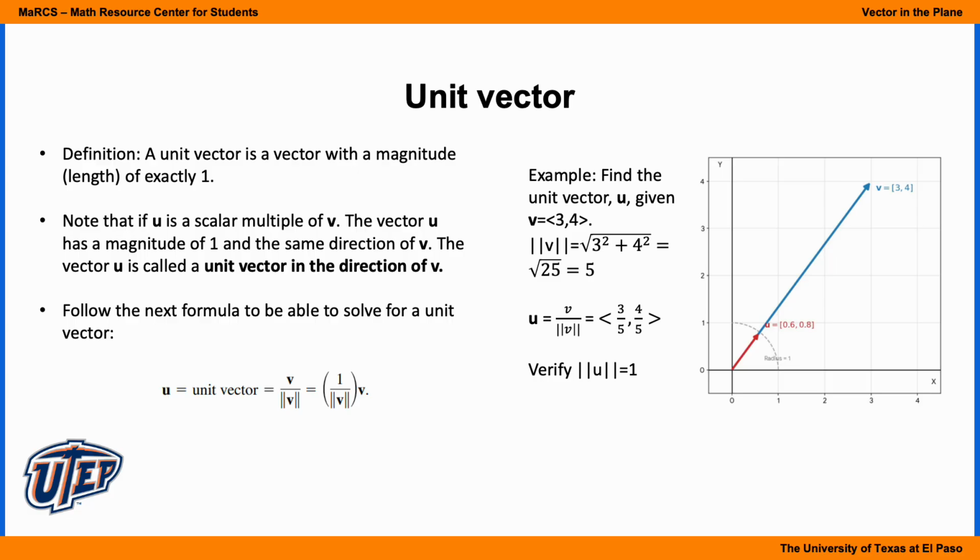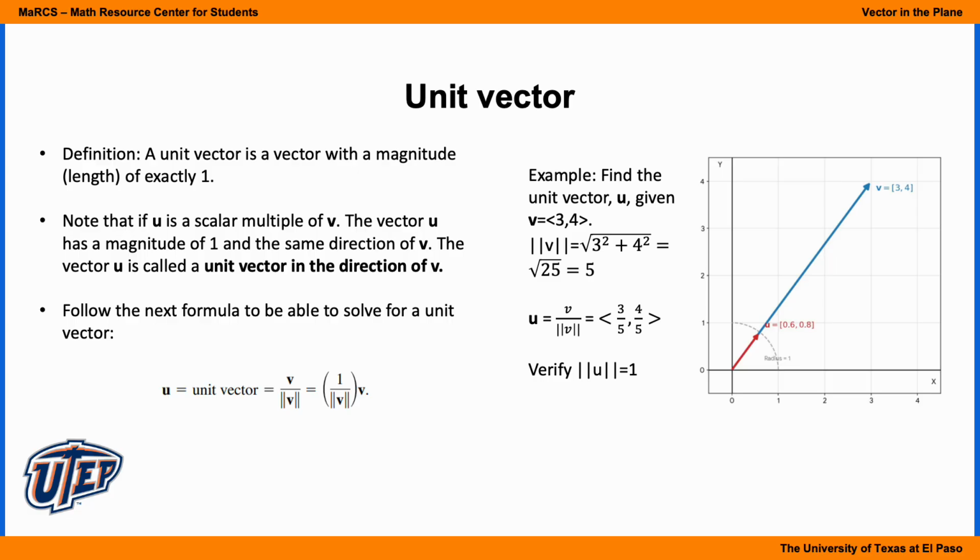So 9 plus 16 is equal to 25. So the square root of 25 is equal to 5. Now we multiply by 1 over 5 each of the entries in vector v, or we just divide by 5. So we'll do 3 divided by 5 and 4 divided by 5, and that'll be our normalized vector, 3 over 5, 4 over 5.